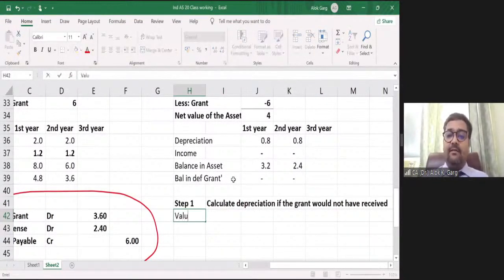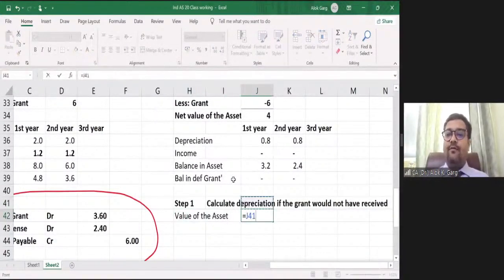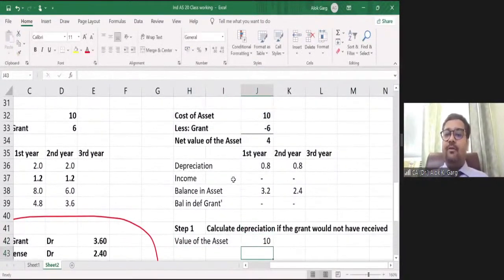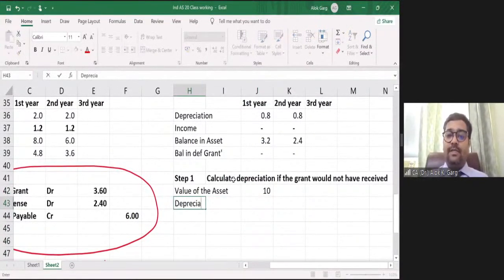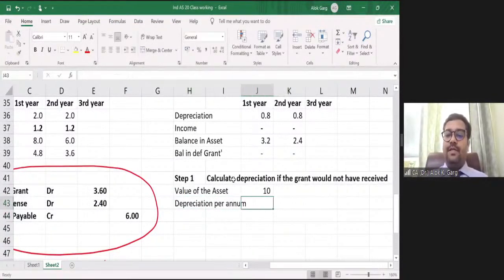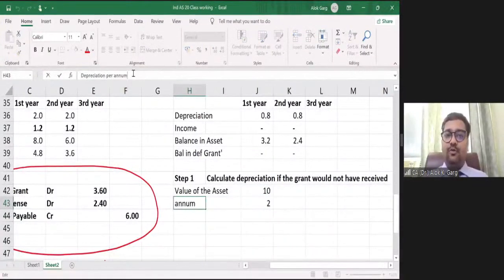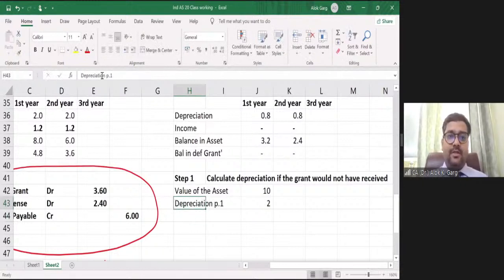In that case, value of the asset was 10 lakh, no? Of course, this 10 was there, same value. And then what was the depreciation per annum? Of course, it is 10 by 5, 2. Basically, it is 2 lakhs per annum per year.